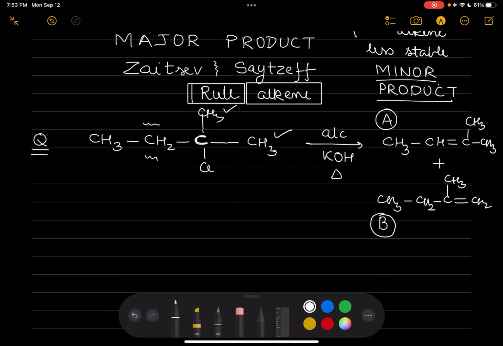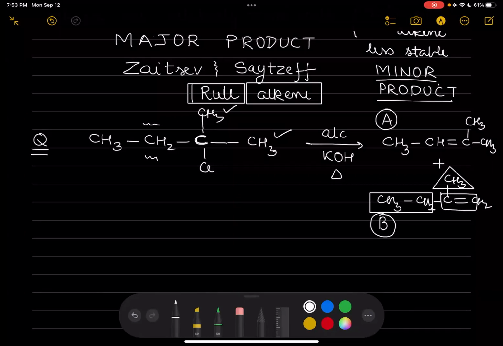Yeah, Rehan, Imad. Sir, B will be the major one, right? You need to enclose the double bond, and then count the alkyl groups directly connected to the doubly bonded carbons. So this is one alkyl group, and this is another alkyl group. You need to look at how many branches there are, and based on that take your decision. Is it clear, Imad, Rayan?